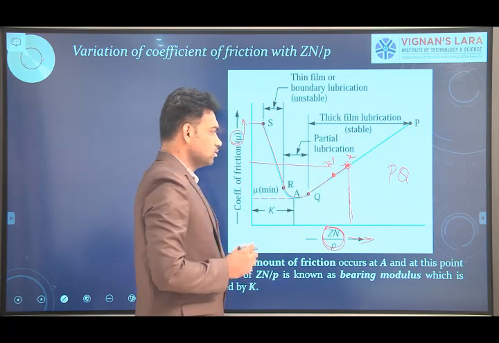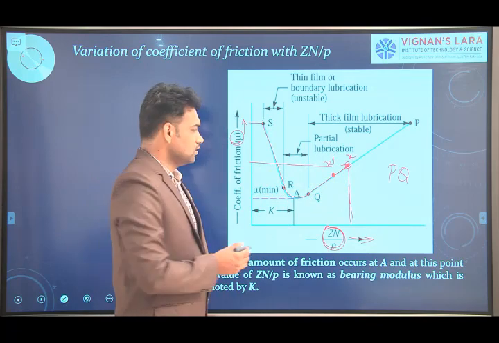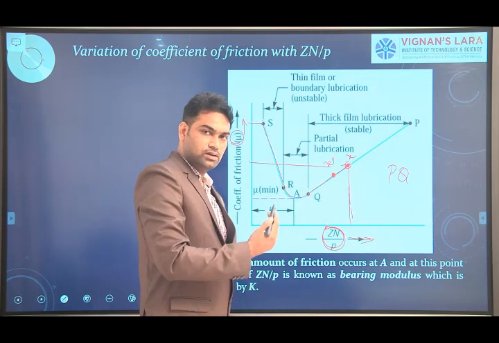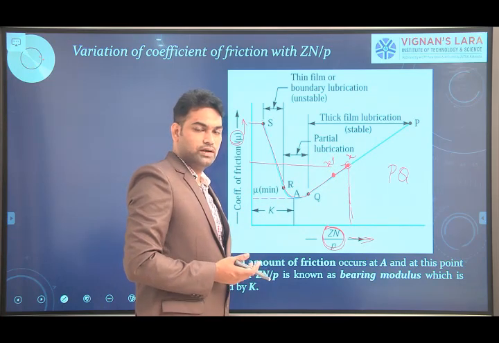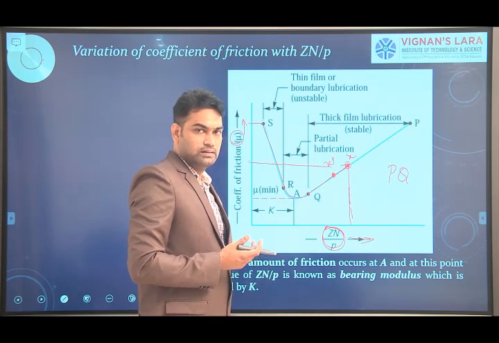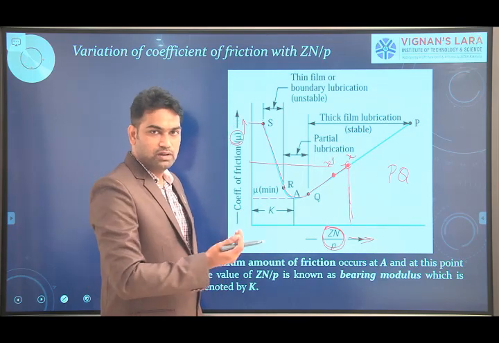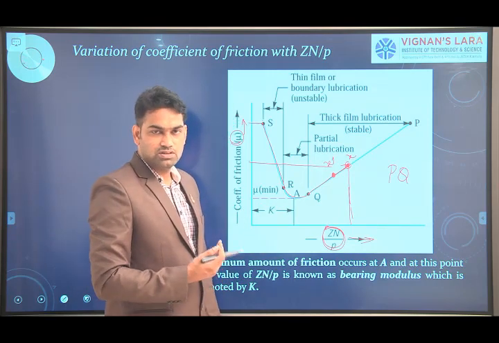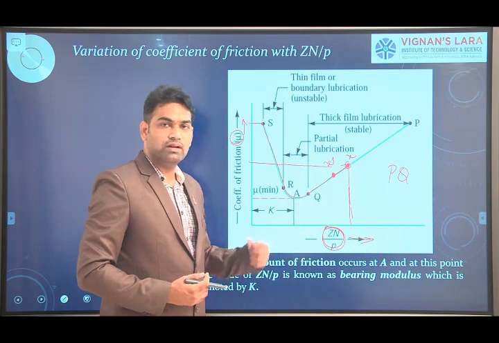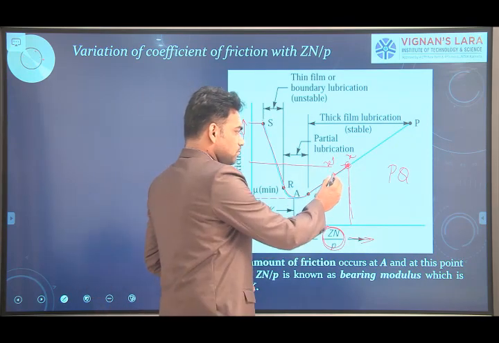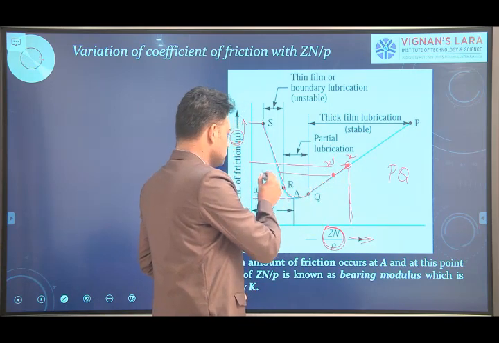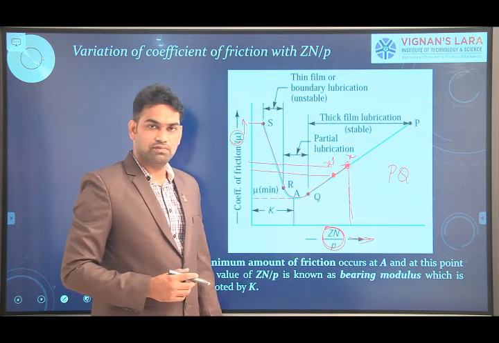This is the coefficient of friction in the previous case. But with the decrease of viscosity and the increase of temperature, as the bearing is continuously operating, the temperature rises, the viscosity decreases, resulting in a lower bearing characteristic number. Coming to this x dash, you can observe this is the value of the coefficient of friction now.